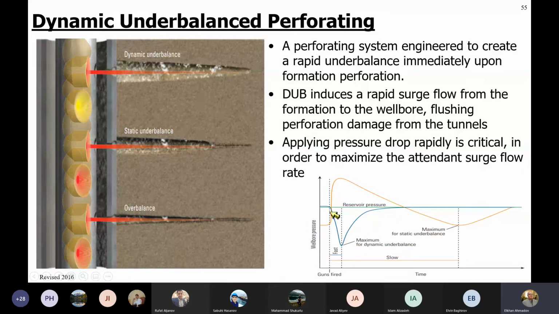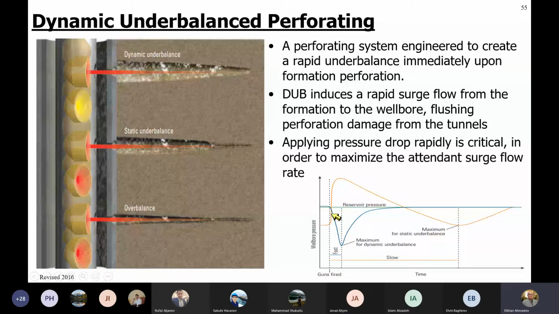At this point, when the guns are fired, we get a very fast lowering of the pressure downhole, and this creates a flush flow into the perforation tunnel from the reservoir.